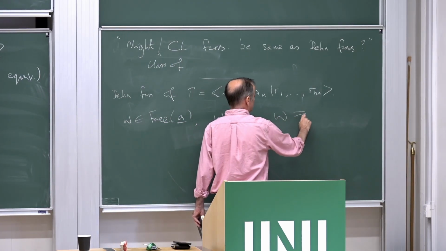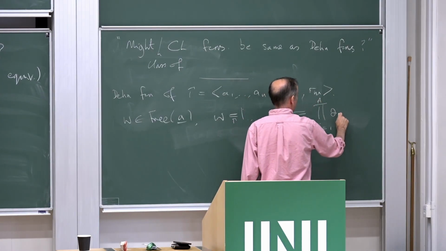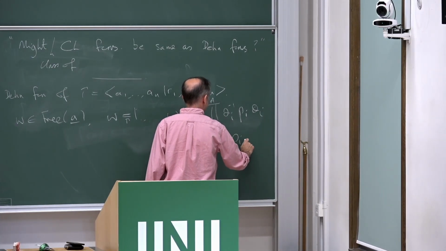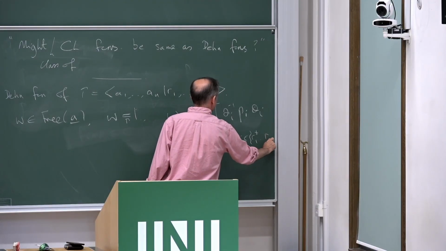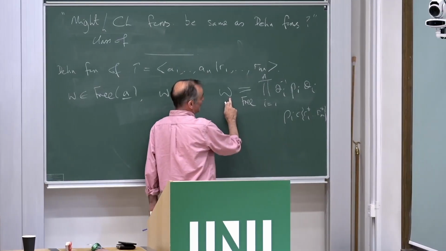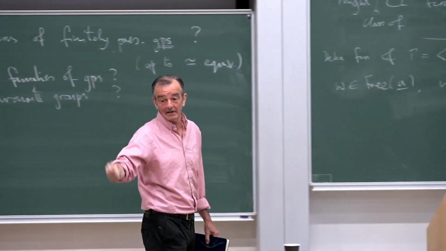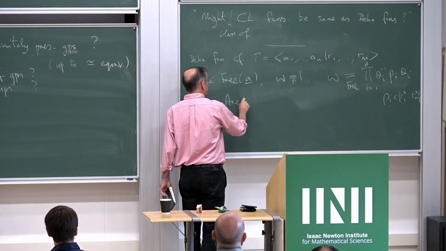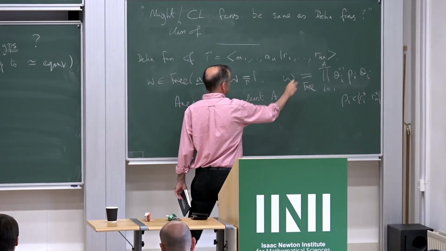It means that there's a free equality like that, with rho_i one of the defining relations, and how hard it is to prove that the word represents the identity in the group, if you attack it naively, depends on how many relations you have to use. That's the length of the proof that the word represents the identity. So you define the area of w to be the least a over all such expressions.